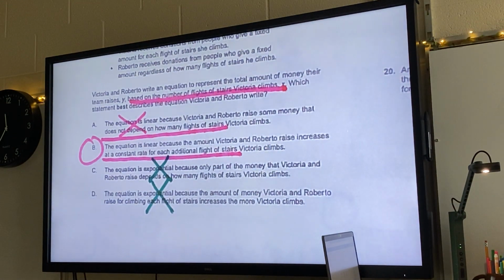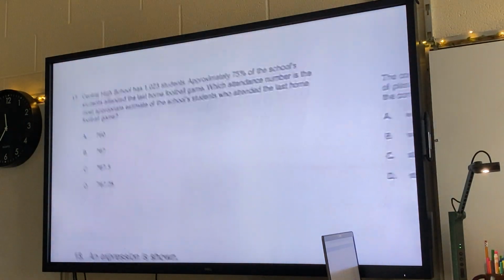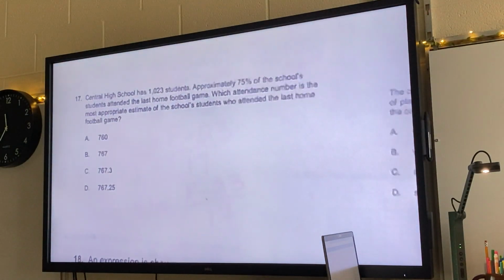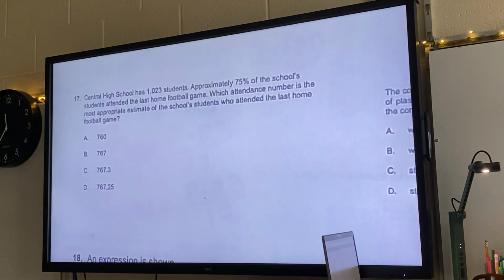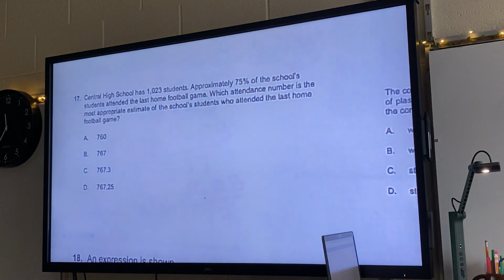We good? All right, number 17 says, Central High School has 1,023 students. Approximately 75% of the students attended the last home football game. Which attendance number is the most appropriate estimate of the school students who attended the last football game?